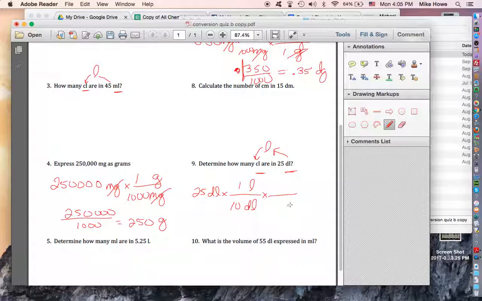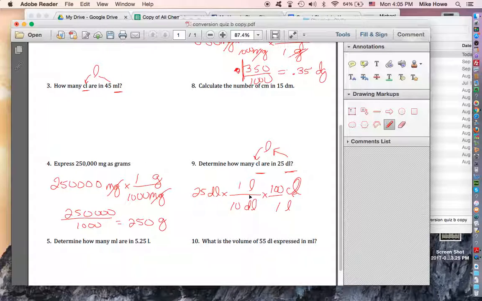Now, what goes on the bottom? Whatever's here goes down here. And on the top, what's the relationship? Which is bigger? 1 liter is 100 centiliters. Centiliters, there you go.